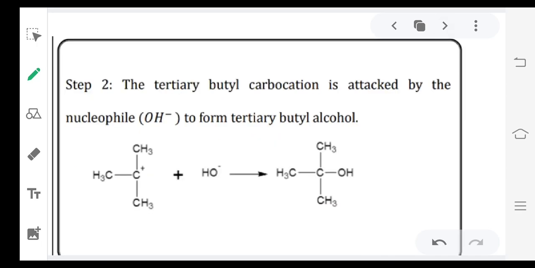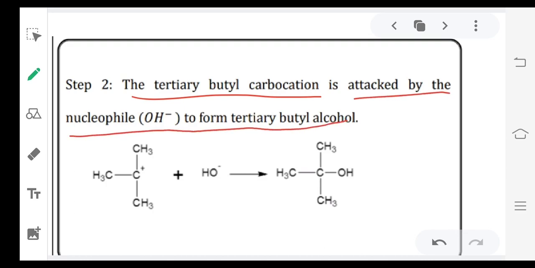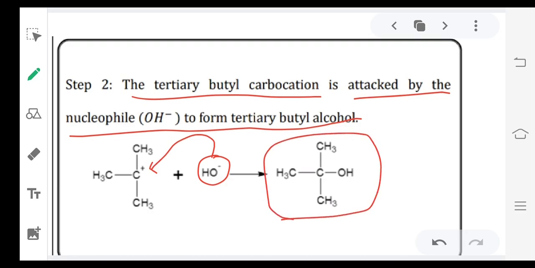Next, step 2, the tertiary butyl carbocation is attacked by the nucleophile OH minus to form butyl alcohol. Now our nucleophile from NaOH will attack this carbocation and we will get alcohol. So this is the SN1 mechanism, second step.